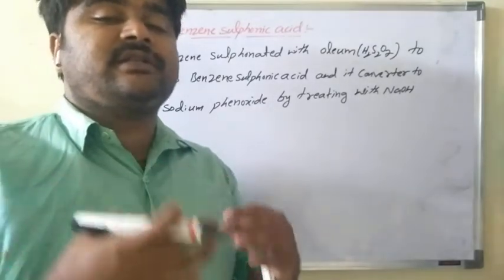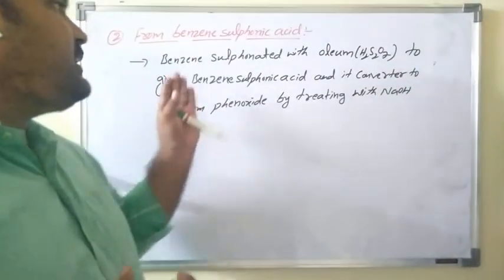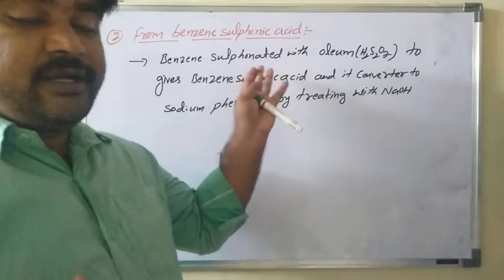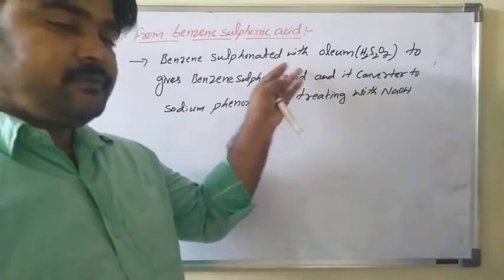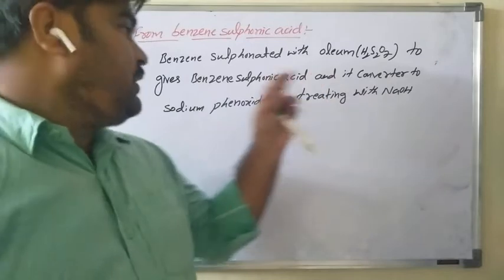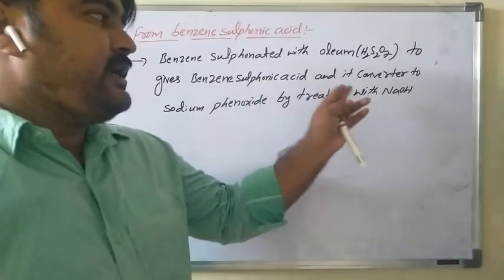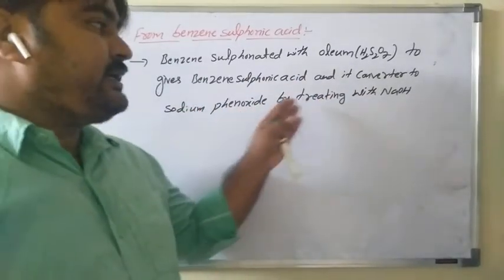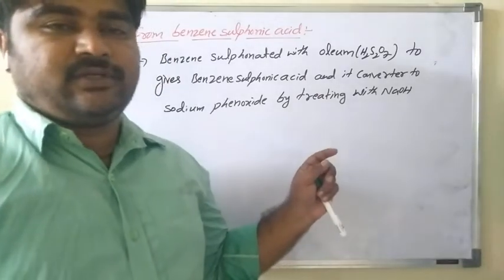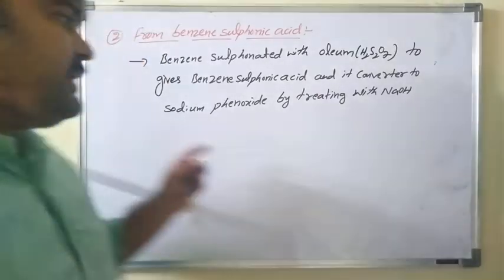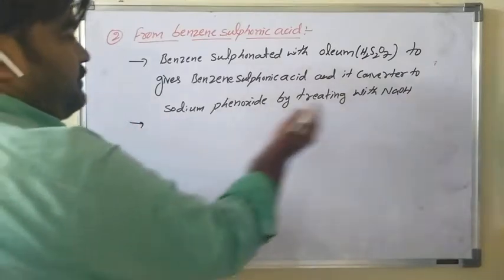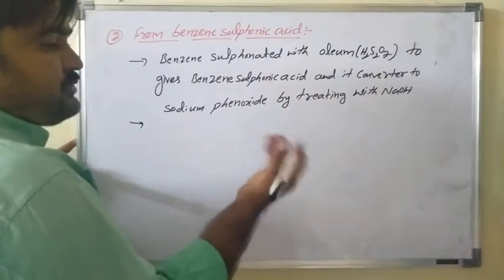Simply, benzene reacts with oleum to give benzene sulfonic acid, and it is converted to sodium phenoxide by treating with a sodium hydroxide solution. Treating with sodium hydroxide produces sodium phenoxide.